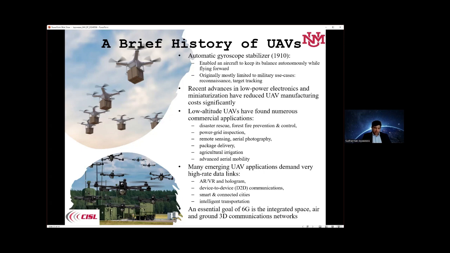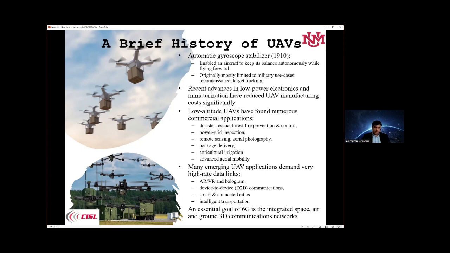And in agriculture, the irrigation as well as fertilizing crops, and also advanced aerial mobility, where you use UAVs to transport people. And many of the emerging applications that are looked at in 6G verticals include high data rate demands.